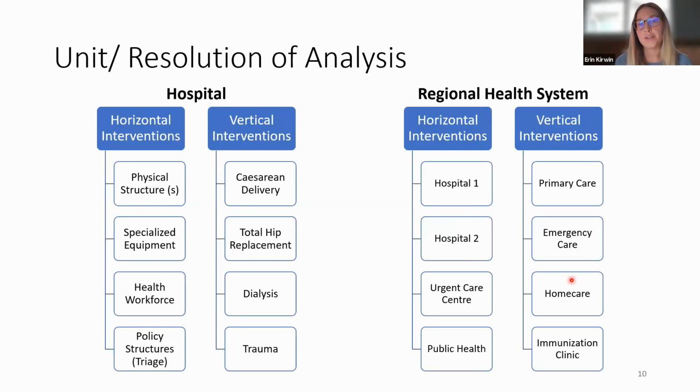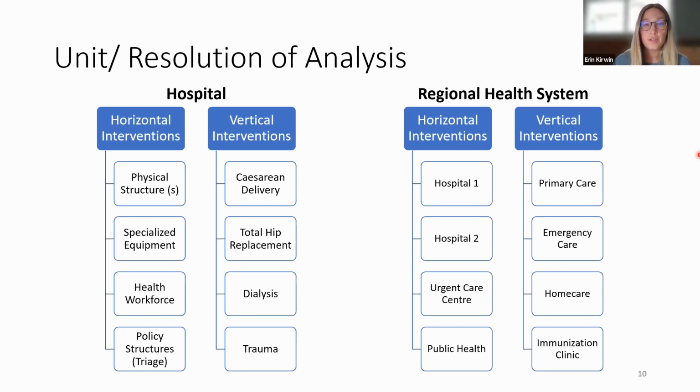Another consideration is the unit of analysis or the resolution for the diagonal approach. I think it's quite flexible conceptually. If you define horizontal interventions very narrowly, for example, if your unit of analysis is a hospital, like on the left of this slide, horizontal interventions are physical structures, specialized equipment like MRI and CT scanners, also our health workforce and subsets of that, and policy structures, for example, triage.